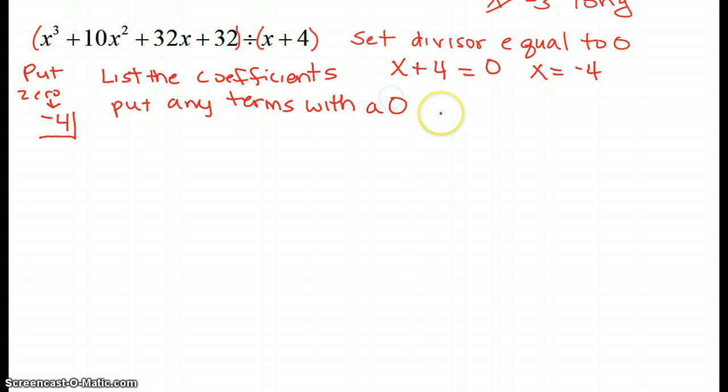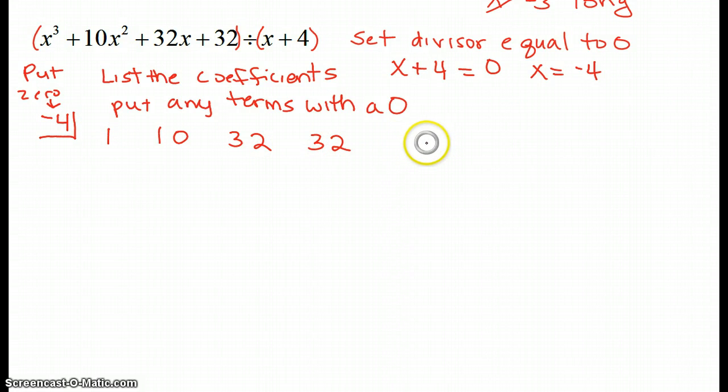So if I was missing x squared, I would put 0x squared. So I'm going to take the coefficient of x cubed, which is 1, and then the coefficient of x squared, which is 10, the coefficient of x, which is 32, and then the last number, which is 32. So you list the coefficients and you put that right beside the box.